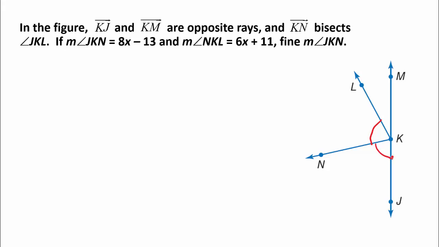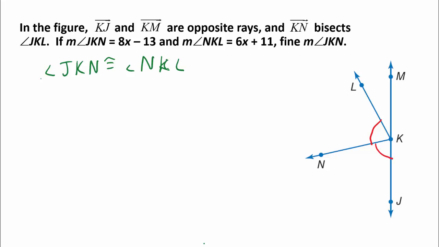Now, if measure of angle JKN is 8x minus 13, and the measure of angle NKL is 6x plus 11, find the measure of JKN. So we can start off by writing a congruent statement. Angle JKN is congruent to angle NKL.